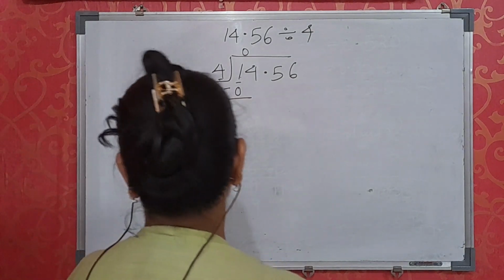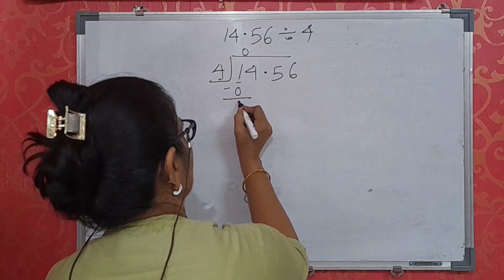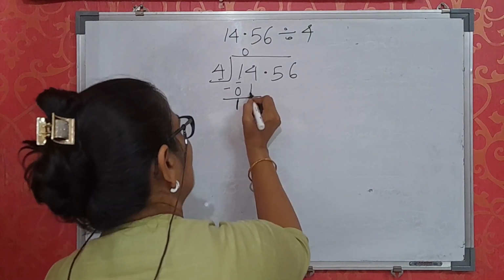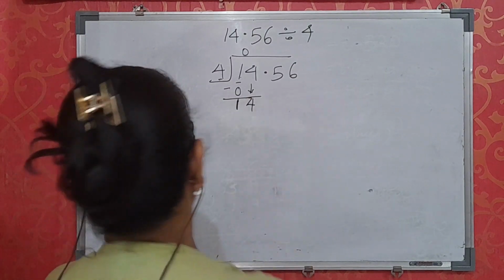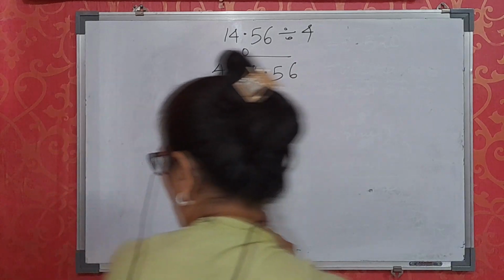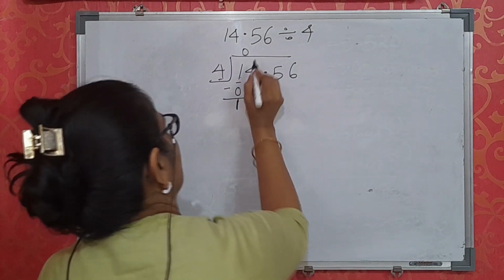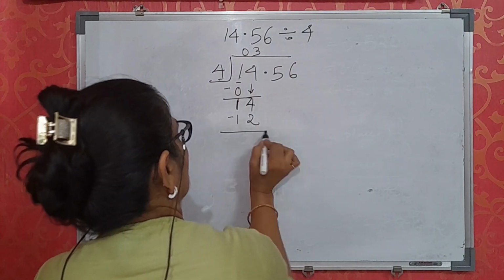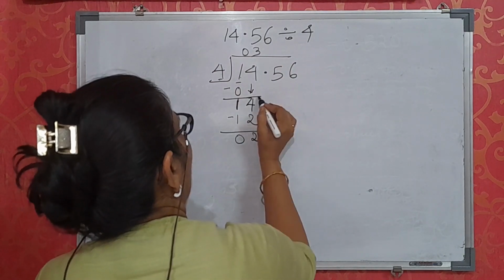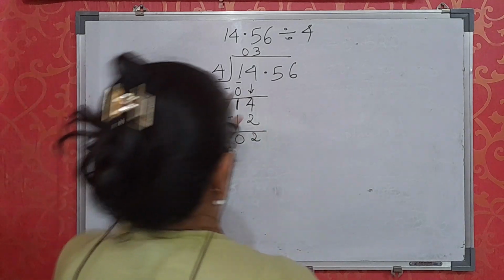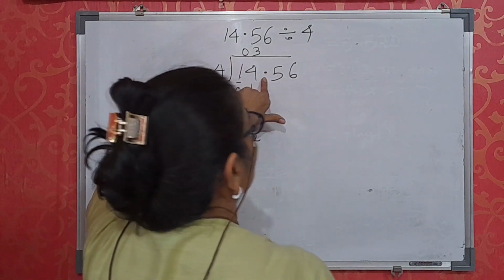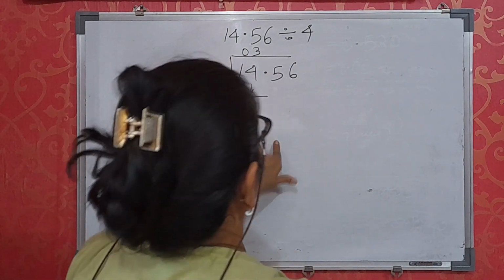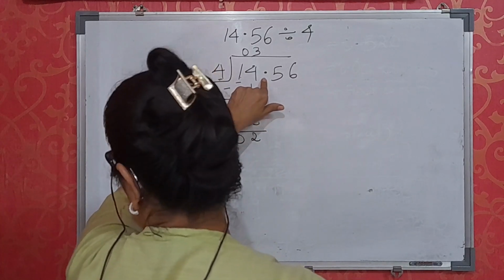Since division is repeated subtraction, 1 minus 0, 1. Then only you have to take another number down. In the 4 table 14 doesn't come, but less than 14 is 12. So 4 3s are 12, remainder 2. Now after this you cannot take down the number 5 because before that the decimal point is there.